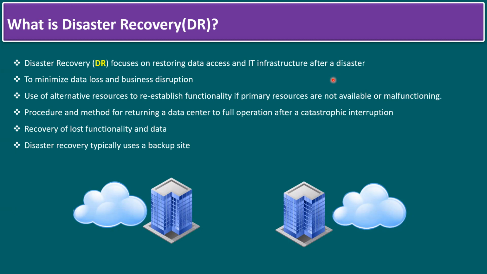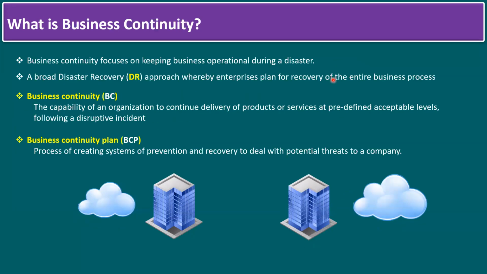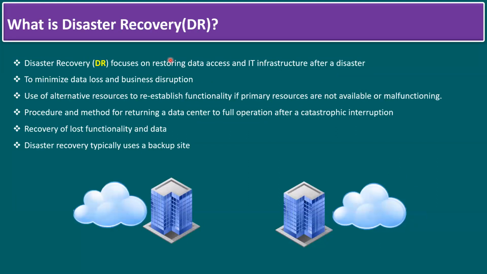During that time, business continuity means immediately we are focusing on the business operations during a disaster, but disaster recovery mainly focuses on restoring data access, to minimize data loss and business disruption, and use of alternative resources to establish or re-establish functionality if primary resources are not available or malfunctioning, and the procedure and method for returning a data center to full operation after a catastrophic interruption, and the recovery of lost functionality and data.